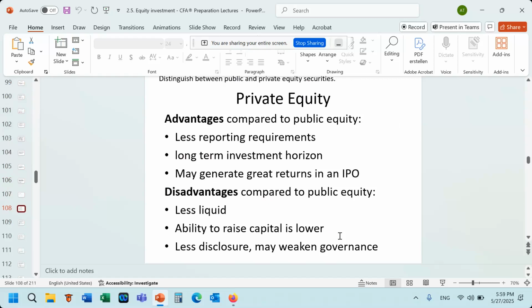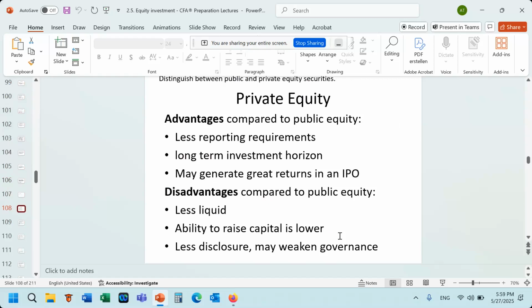Disadvantage, they are less liquid. For example, if we want to sell a share of a stock, we just call our broker and sell it. Let's say we are in France and we want to sell a block of the shares that belongs to a private equity.